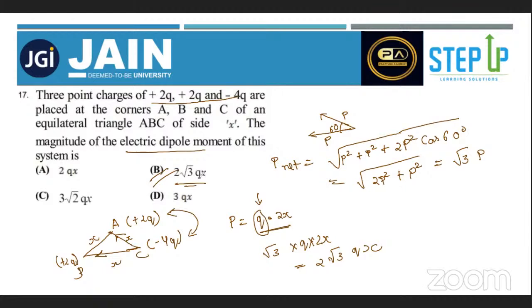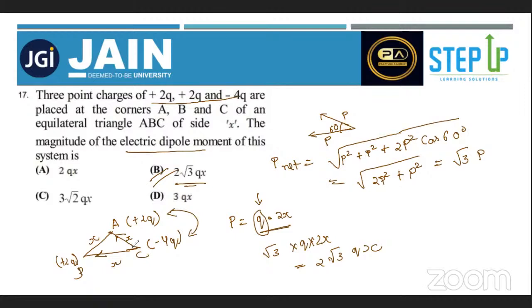If they have given 2 coulomb and minus 4 coulomb, then what should we do? In that case, they'll not give you both.